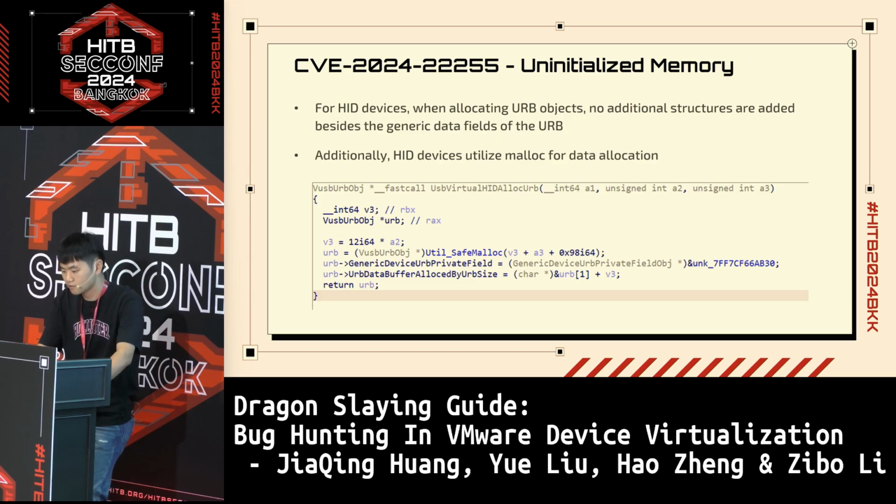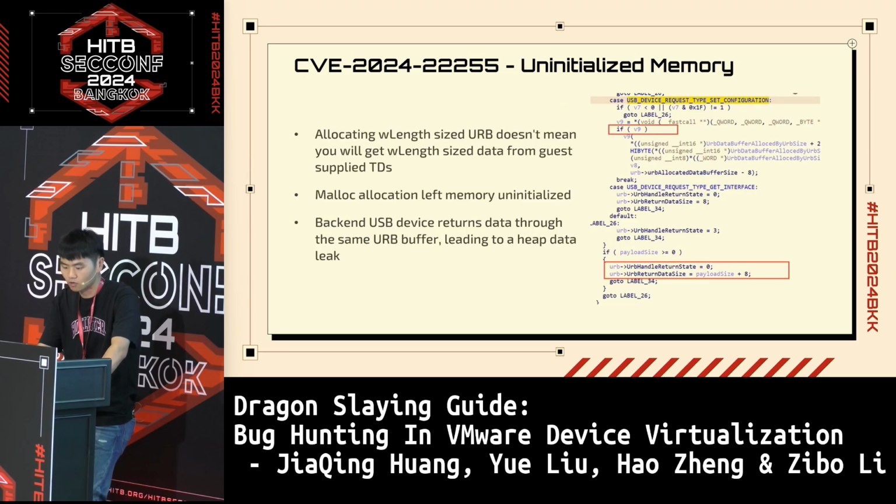For example, the HUB device will allocate a URB object without additional fields besides the data buffer of the URB. Also, the HID device will use malloc for data allocation. There are some problems here. Allocating a wLength-size URB does not mean you will get wLength-size data from guest-supplied TDs.